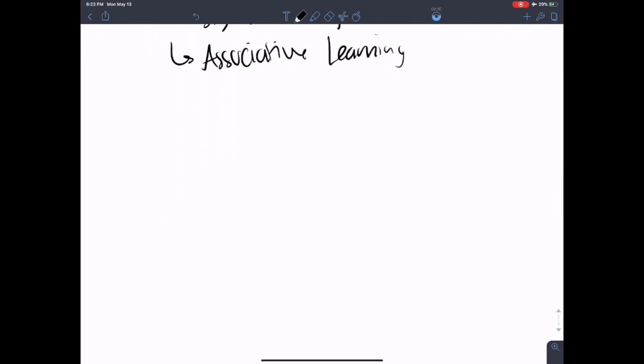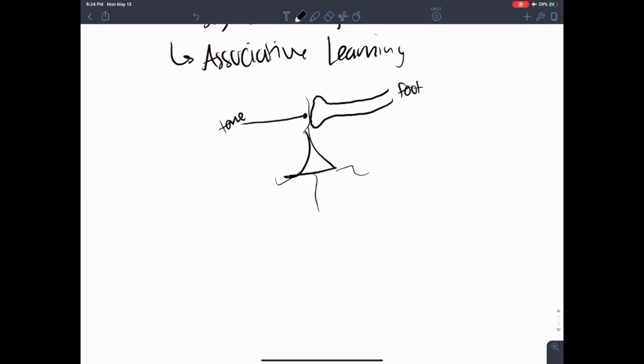So what happens is you have this neuron in your basolateral nucleus. And you have this really weak axon. So this is tone. This is like if you play a tone when you shock a foot. And then this is a really strong axon, a really strong connection between a foot shock and pain. So this is negative emotion.